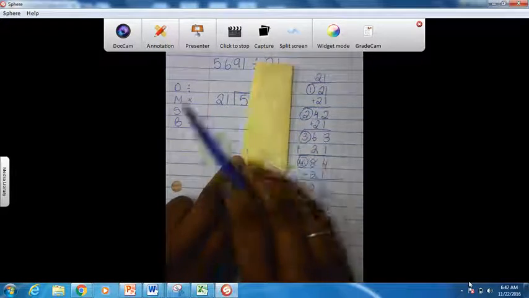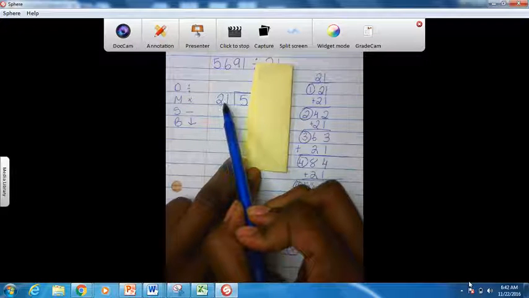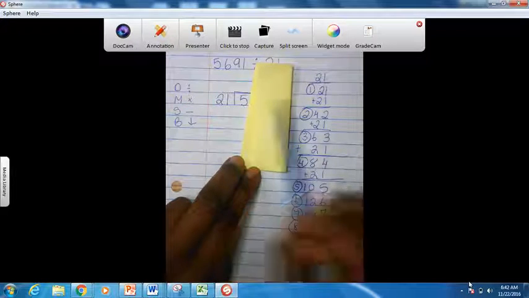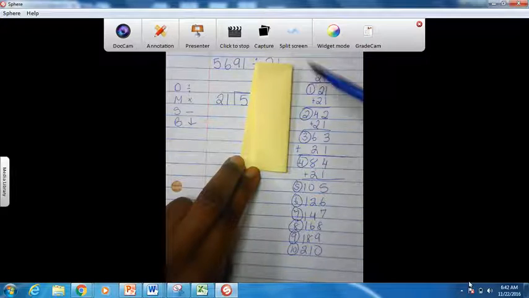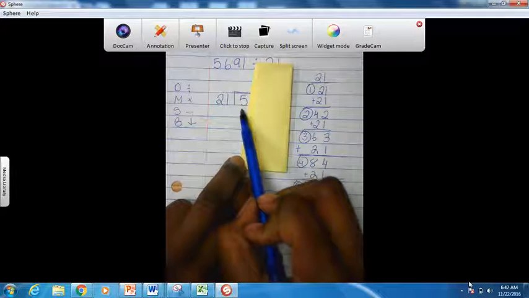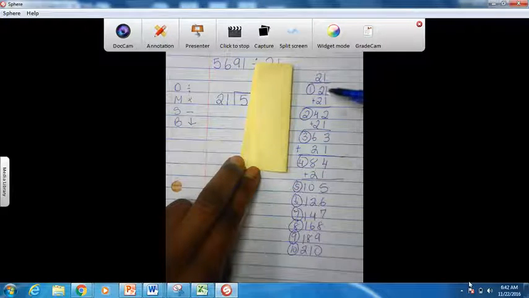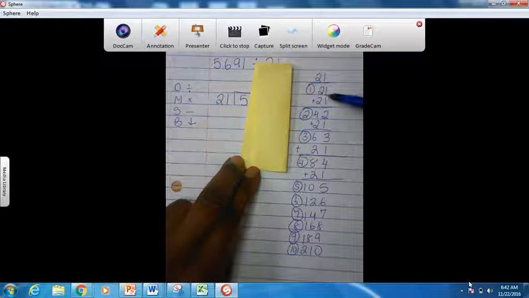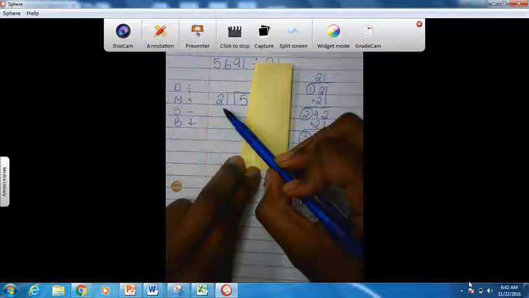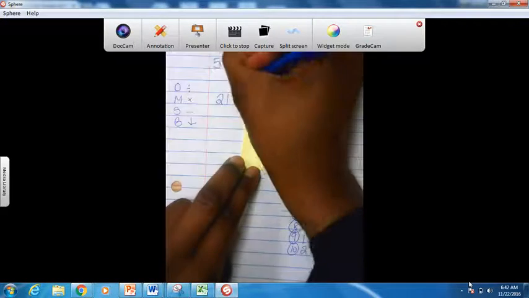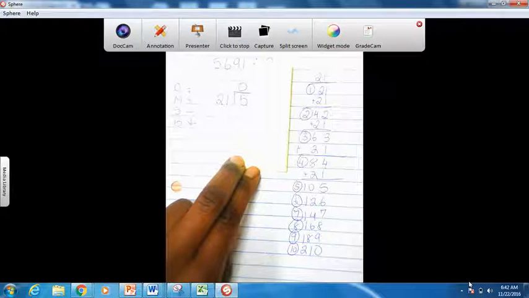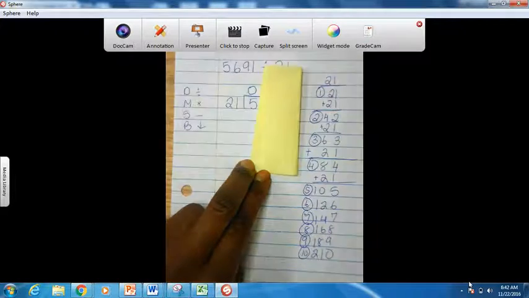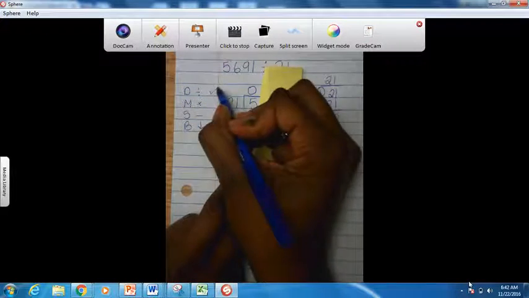I want to know how many times 21 can go into 5. Well, I'm going to look at my list and see if I can get to 5 without going over. And no, my first number is actually 21. That lets me know that 21 goes into 5 0 times. Once that is over, we divide it.